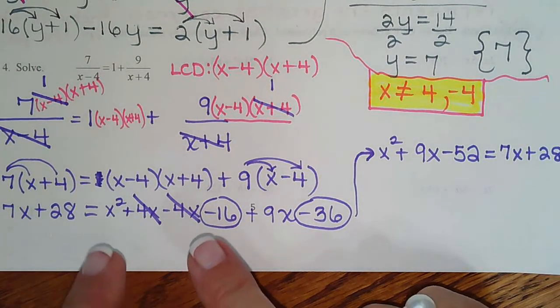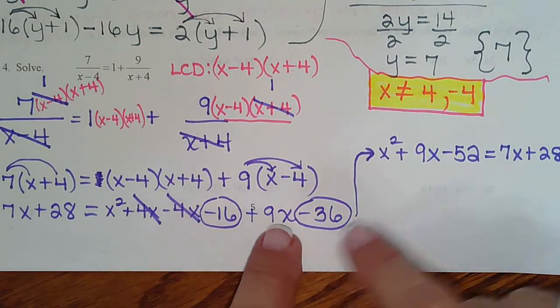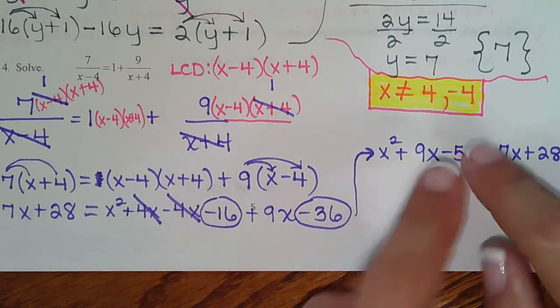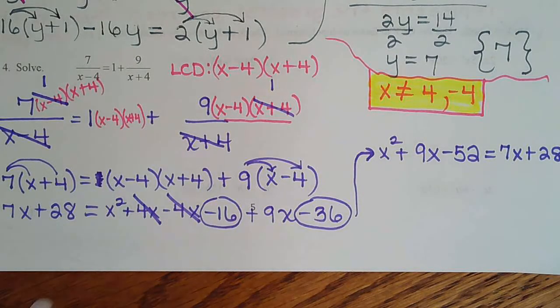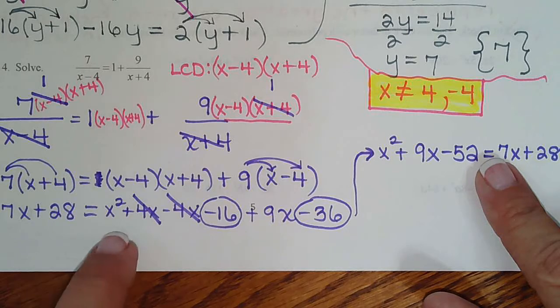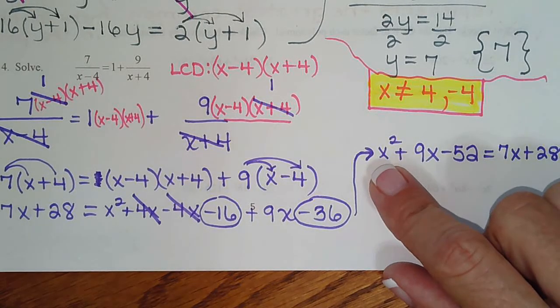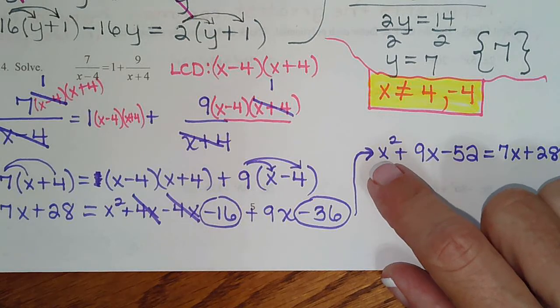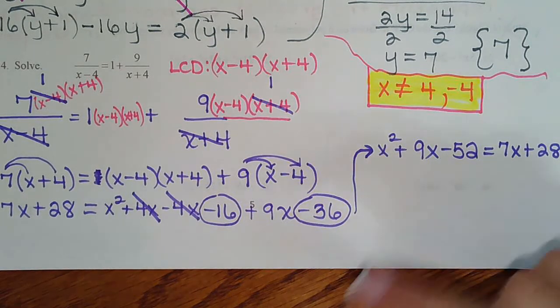Okay, so I took the right-hand side, x squared, those two canceled, plus 9x minus 52, and I put it on the left. I didn't move them, I just flip-flopped the equation, equals 7x plus 28. Now this tells me, we learned this in chapter 4, that I need to set it equal to 0. I cannot solve until it's set equal to 0.